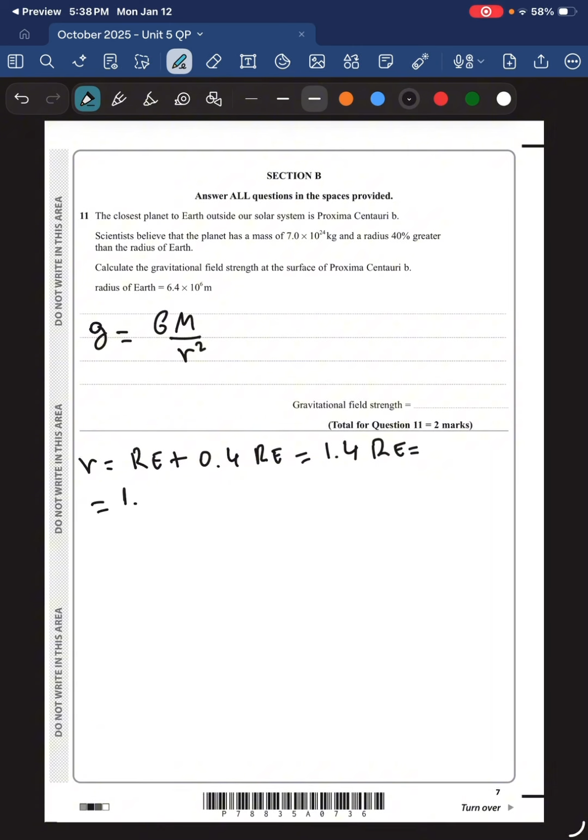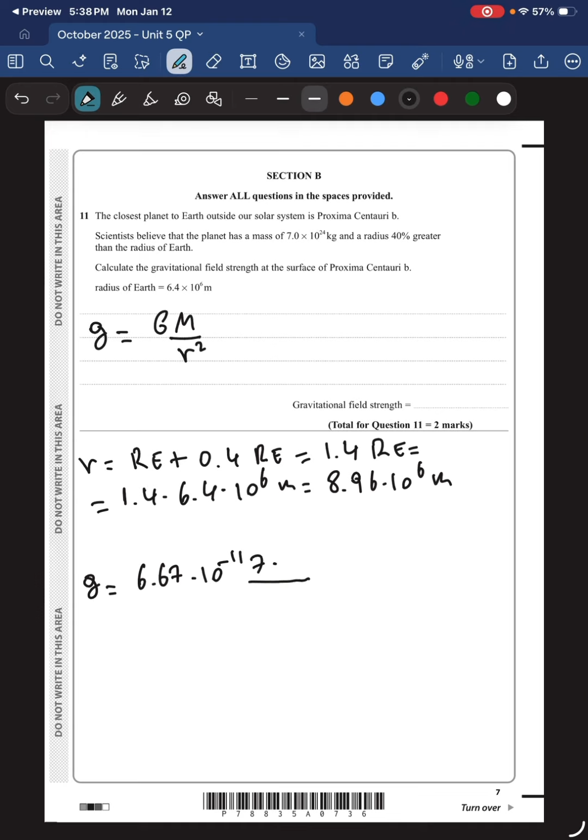So the radius is 1.4 times 6.4 times 10 to the 6 meters, which is 8.96 times 10 to the 6 meters. Okay, so g is going to be 6.67 times 10 to the negative 11, then times 7 times 10 to the 24 over 8.96 times 10 to the 6, squared. Okay, and this is in newtons per kilogram.